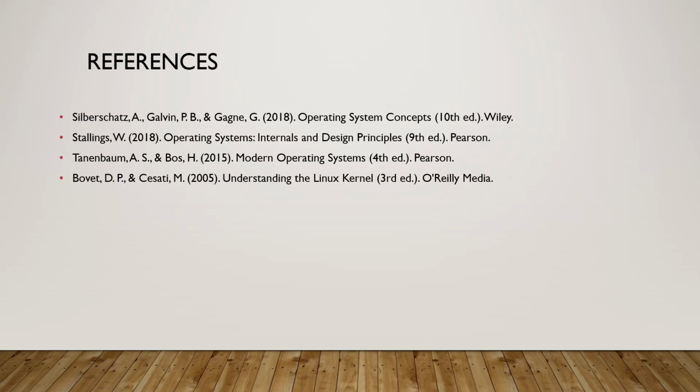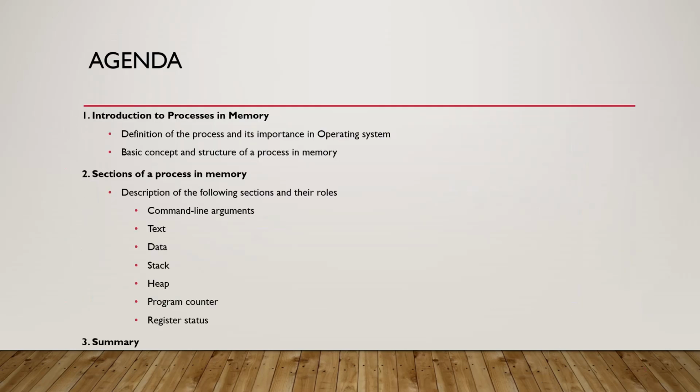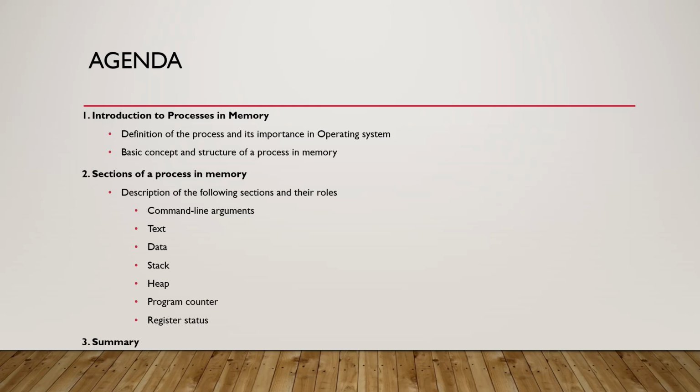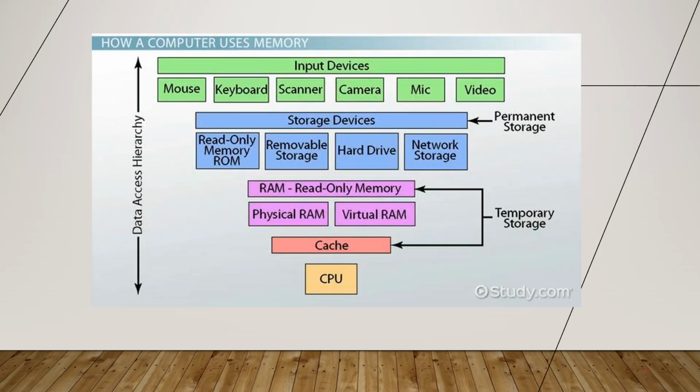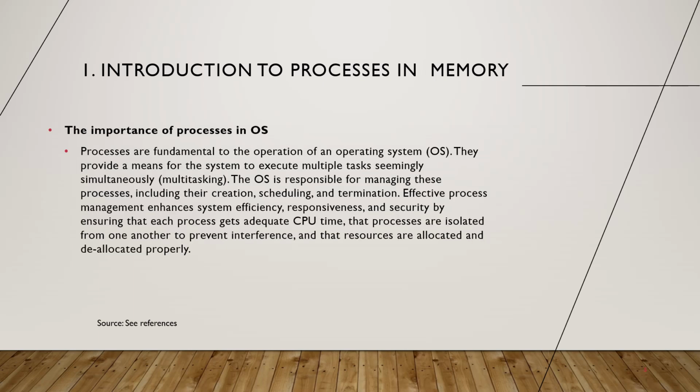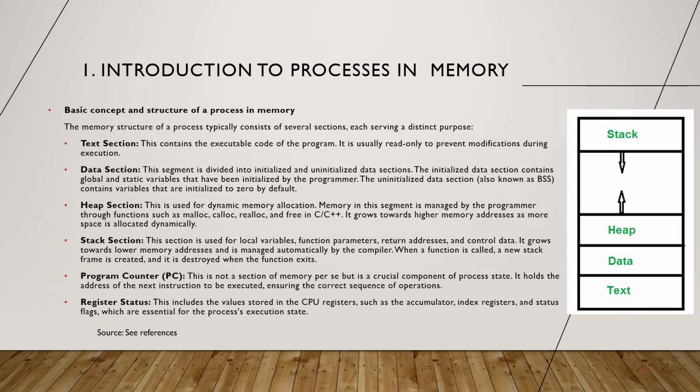Here we have references, and let's just go through a quick summary. So today we basically learned about processes and memory. We had two sections, introduction and then the sections of process memory. First we defined the process and its importance in operating system.